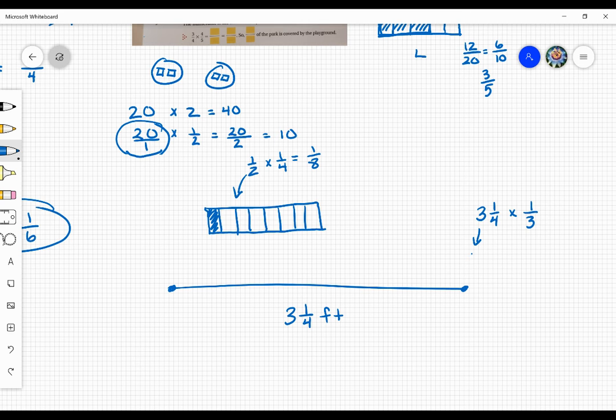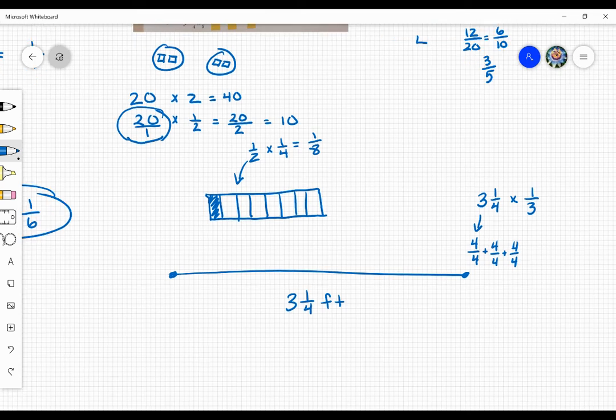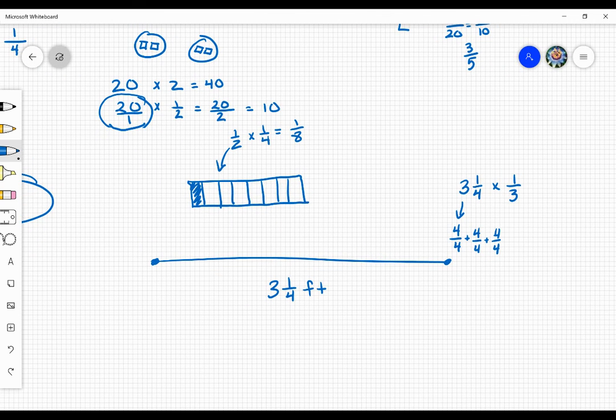3 wholes is, well, 1 whole is 4/4. So 3 of them would be 4/4, 4/4, and 4/4. So it would be 12/4 if you had 3 wholes, and then an extra fourth, so we'd have 13/4. And then if we multiply that by 1/3, we get 13 on the top, 12 on the bottom.